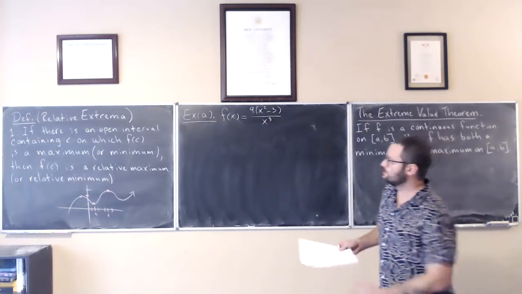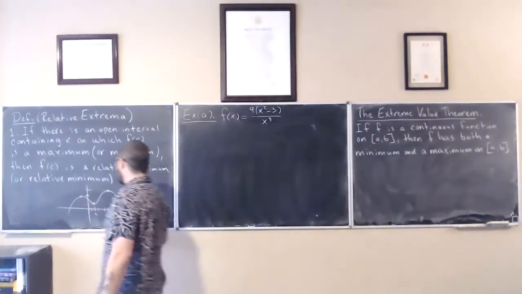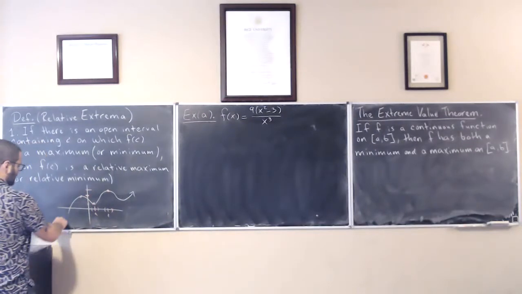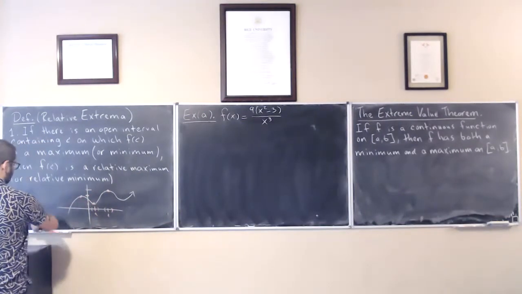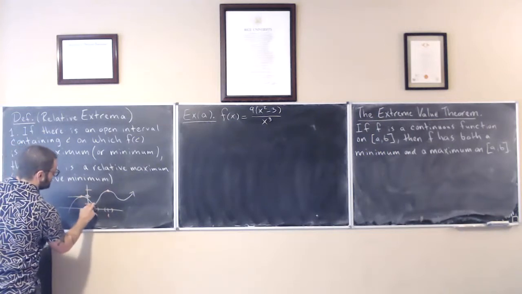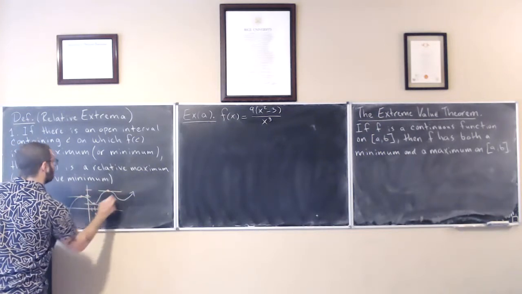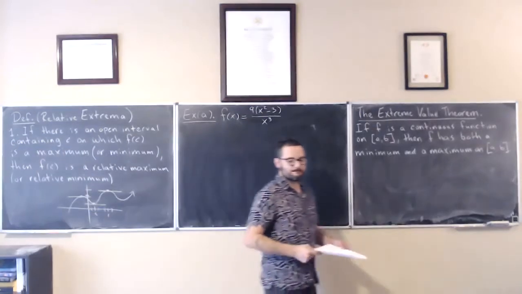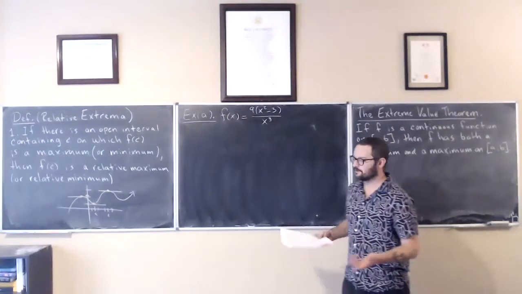So in order to do this, observe that at these relative maximum and minimum, what's the value of the derivative? What's the slope of the tangent line at those points? What is it? 0, right?